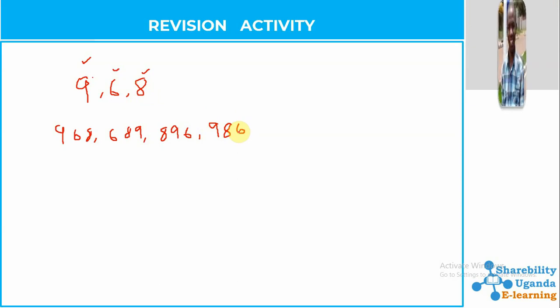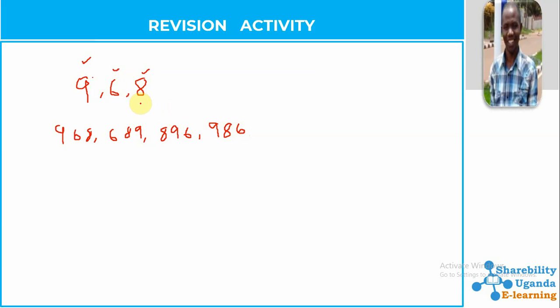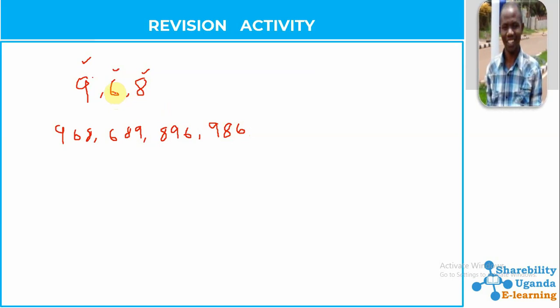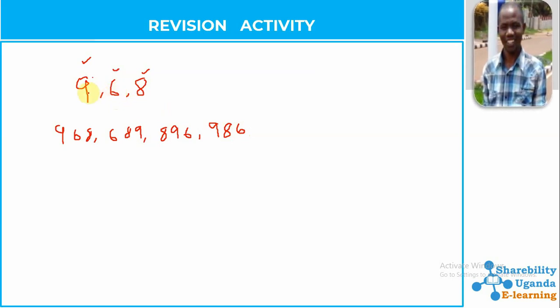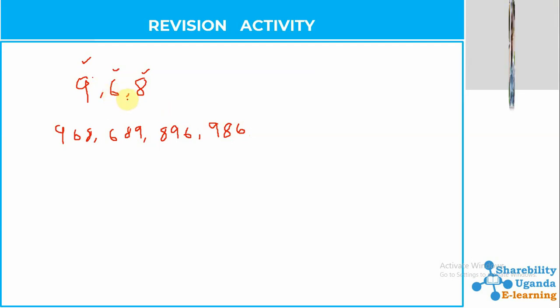So we can still form some other numerals, like 690, 68 something, we have them.